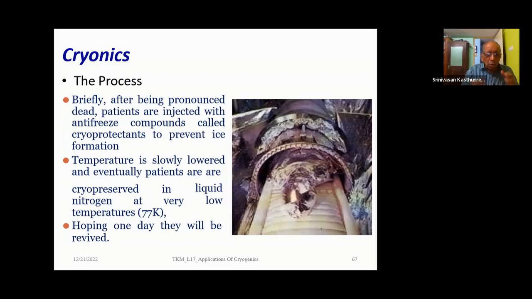And then you lower the temperature of the body slowly. Eventually, the patients are cryopreserved at liquid nitrogen temperature or even at a much lower temperature. It is hoped that sometime a person may be revived back to normalcy. Okay, the dead persons can come back alive after some time.